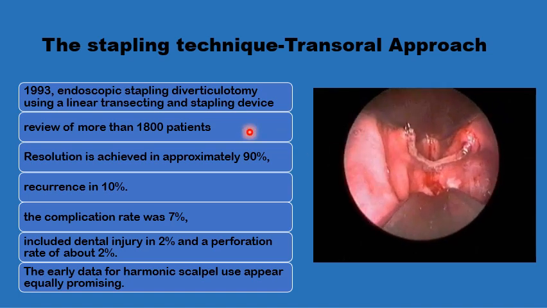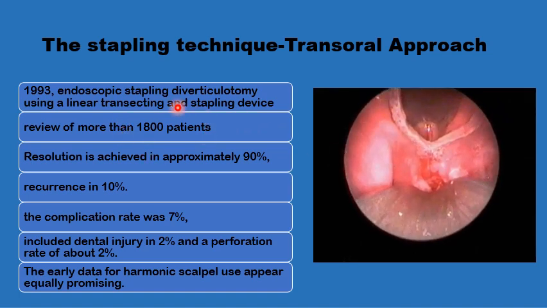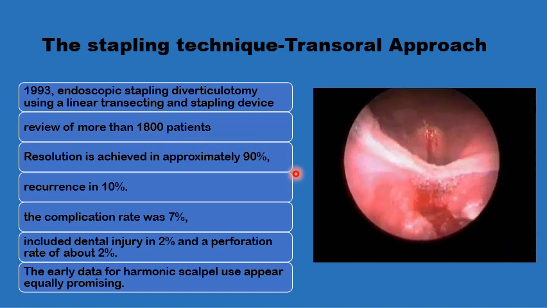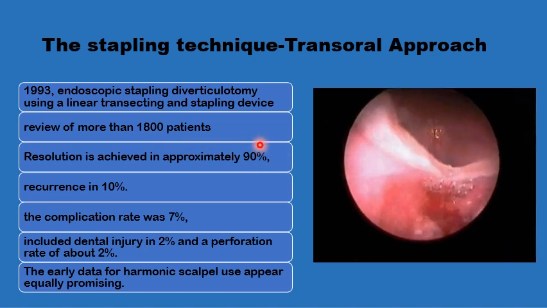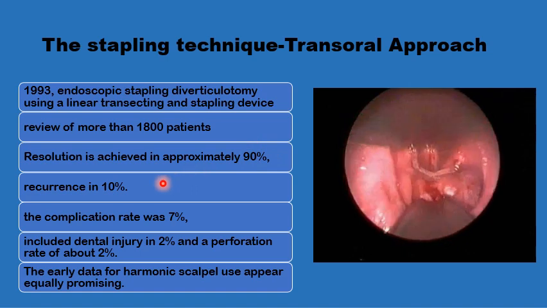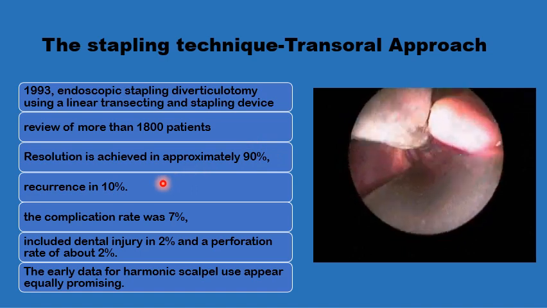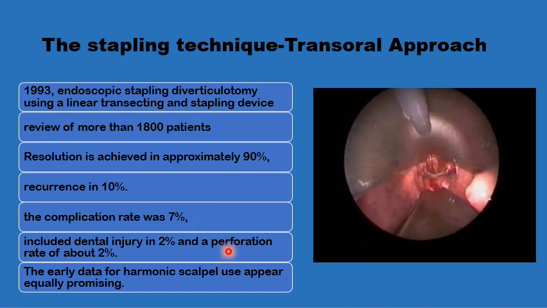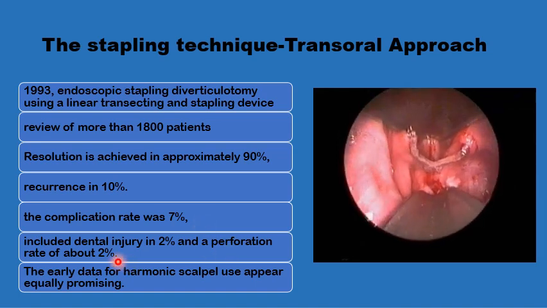The results in a pooled series of more than 1,800 patients showed success rates in excess of 90%, recurrence rates of about 10%, complications of about 7%, again with a perforation rate of about 2%.